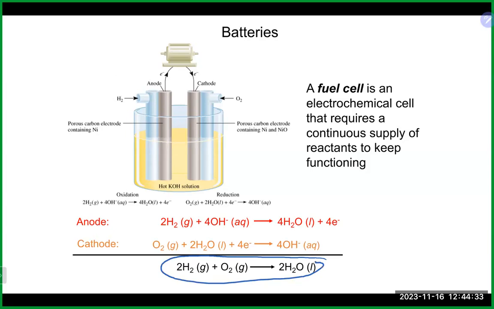But hydrogen is a little bit different than gas, and the pumps are a little bit different and so forth. So it didn't really pick up all that much. There are some. So this is a fuel cell, which requires obviously oxygen and hydrogen to come together. And here's the hydrogen going from 0 to +1, and the oxygen going from 0 to -2, again being reduced in this case.